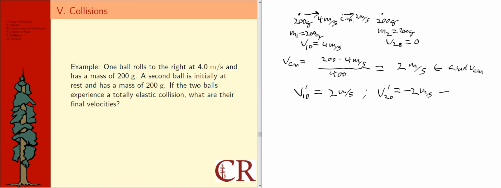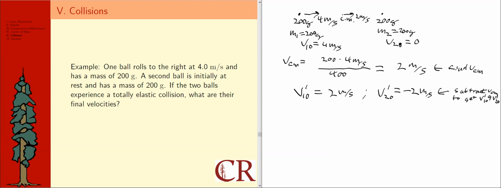So again, this step was basically subtract VCM to get the new initial velocities, V1 naught prime and V2 naught prime. Okay, so that was step 2. Step 3 is I'm going to exploit the symmetry.